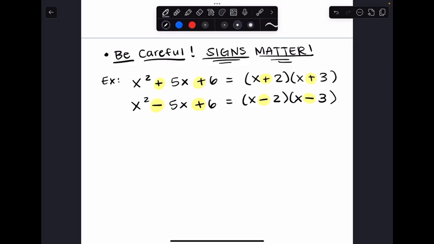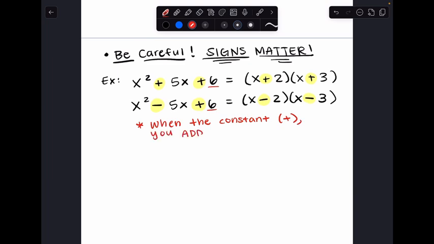All right, and so for you to have this in your notes, when your constant, the constant term, is going to be that last one right here. So when the constant is positive, you add to get the middle term.